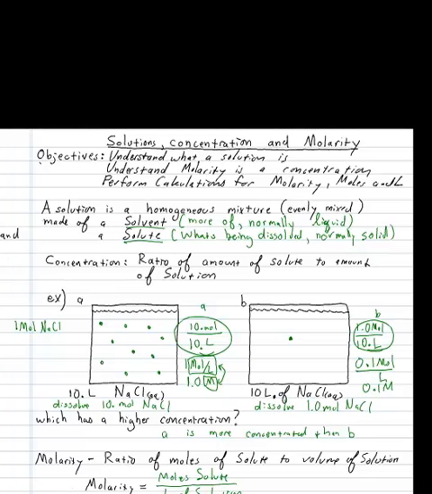So if I had 2 liters of 0.5 molar HCl, I can figure out that I have 0.50 moles of HCl for every 1 liter. So that would mean I have 1 mole of HCl dissolved in that 2 liters. And let's say I needed 0.5 moles of NaOH.